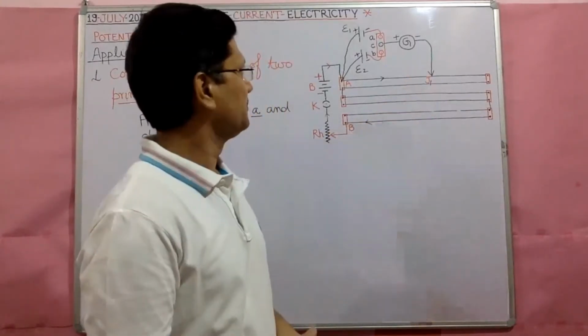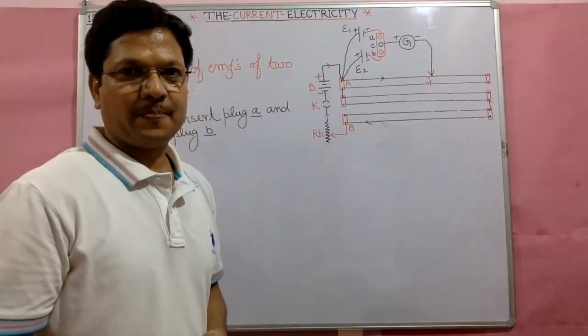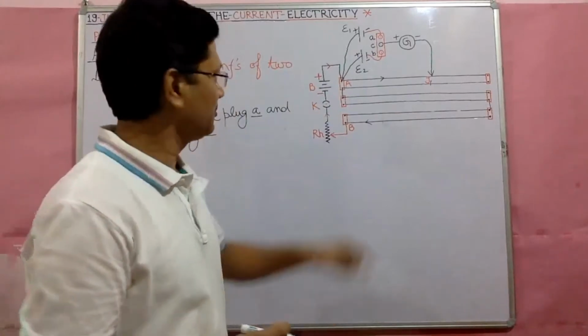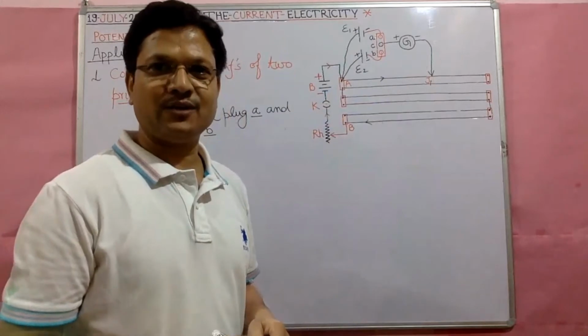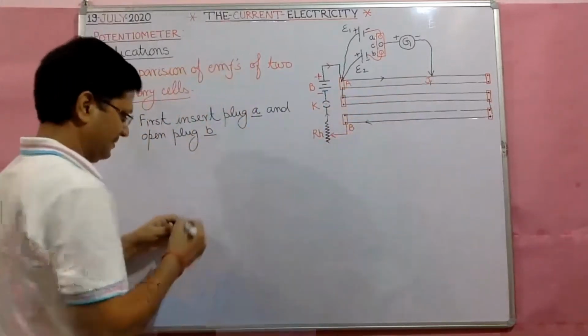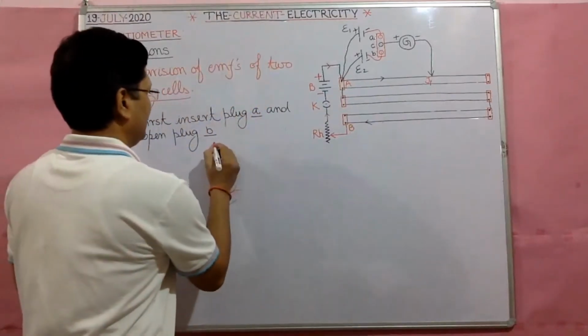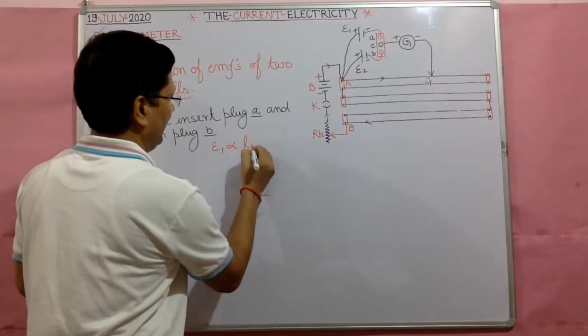Clear? So according to the principle of potentiometer, the potential drop across any length of the wire, that is the potential drop across AJ1, is directly proportional to the length AJ1, that is E1 is directly proportional to L1.